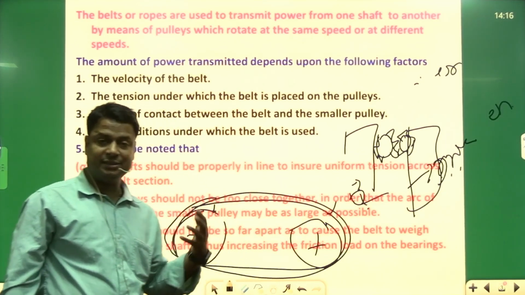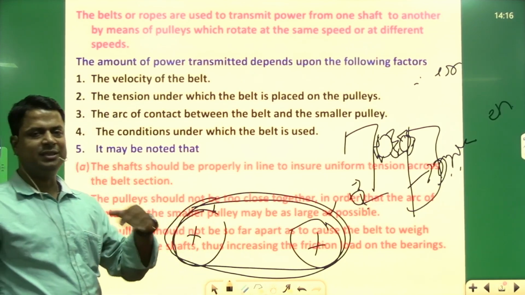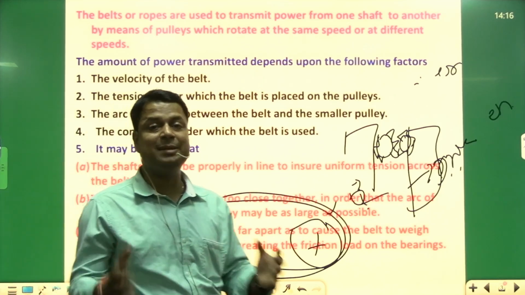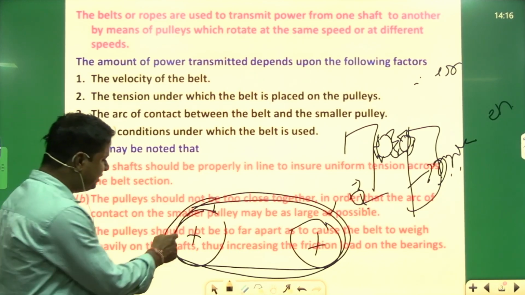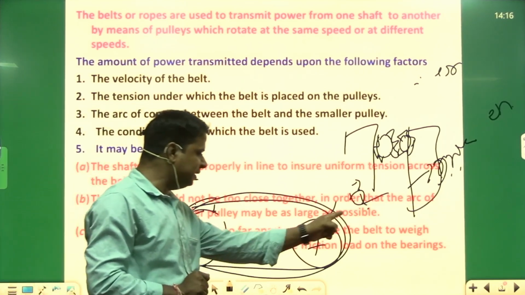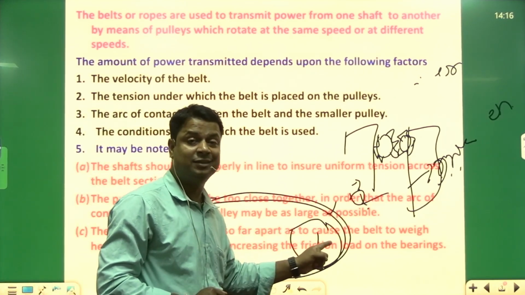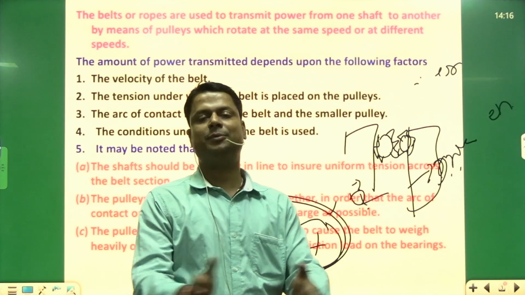It means there is a loss of motion, and in the case of a belt, this loss of motion is known as slip of the belt. Slip of the belt first occurs between the driver and the belt, and then between the belt and the driven, and these two are known as the law of slip of the belt.